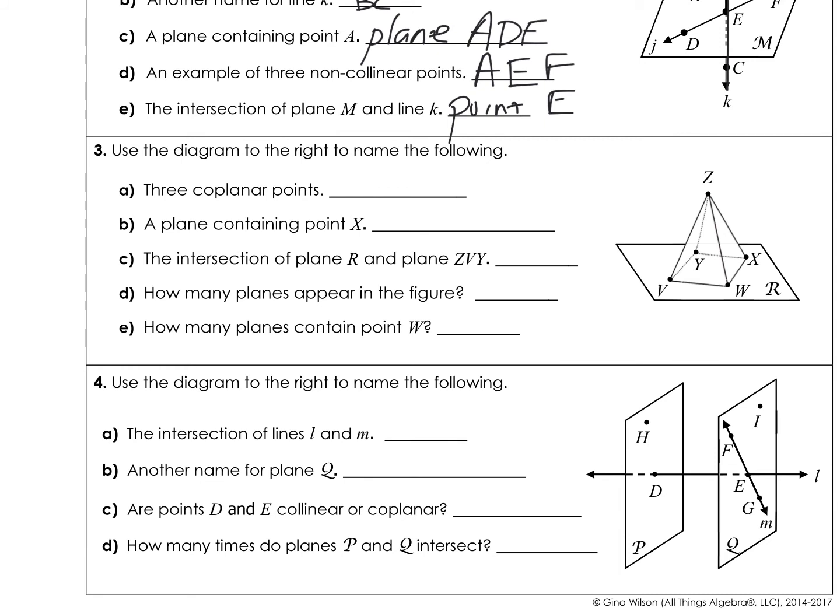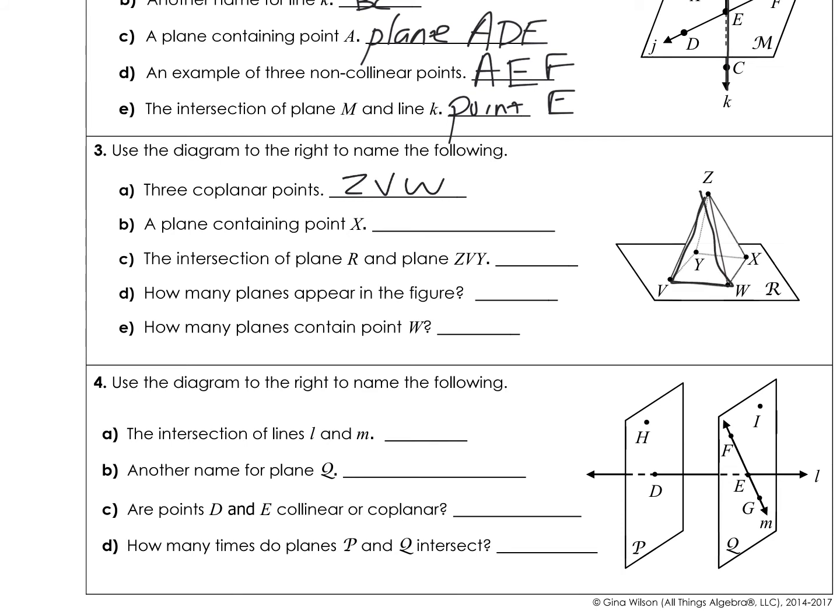So we have a bunch of possibilities here. 3 coplanar points. I'm going to use ZVW. Okay, but again, there's lots of possibilities. ZVW, and that's on this front plane.